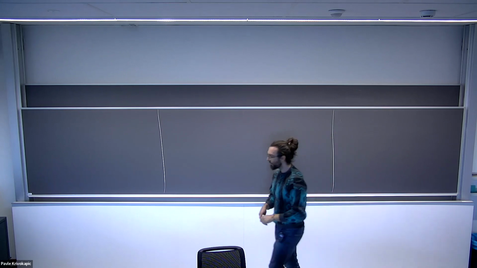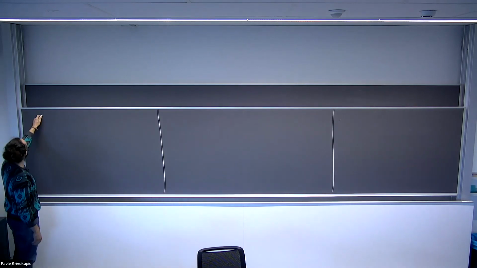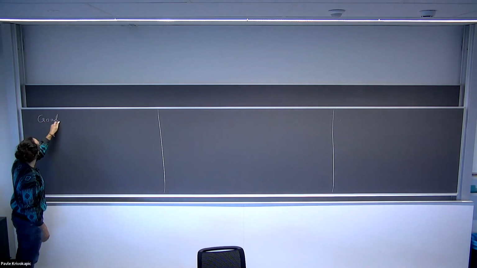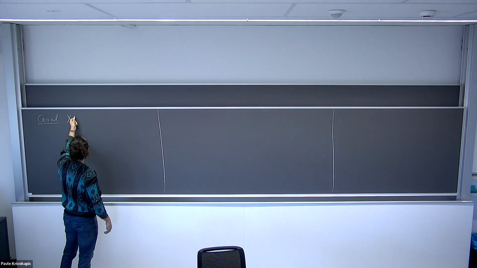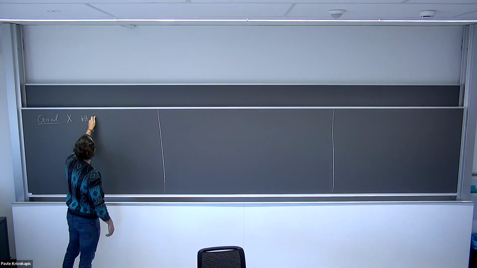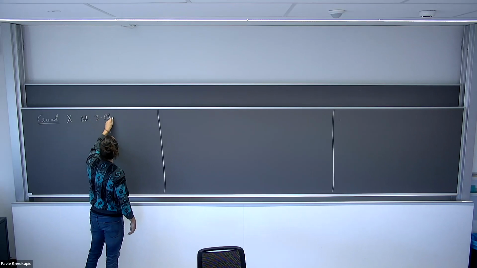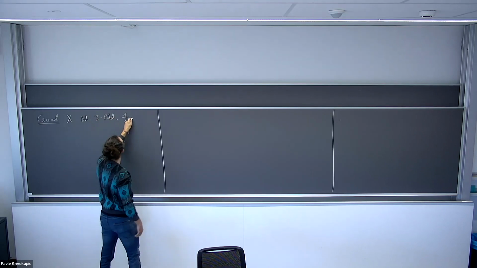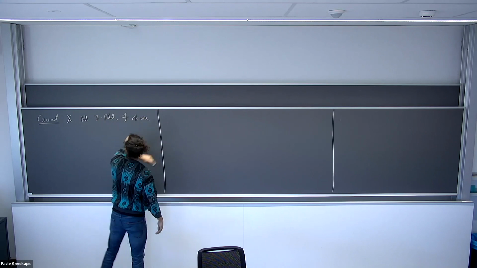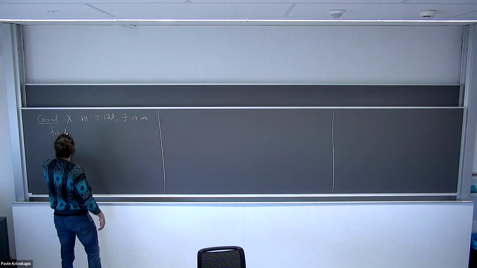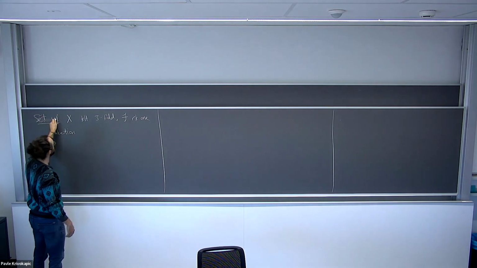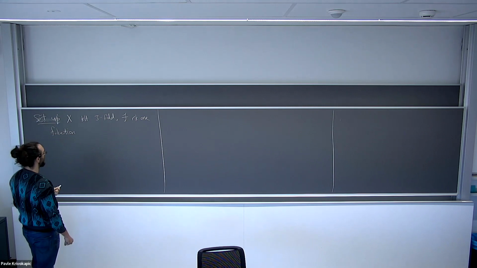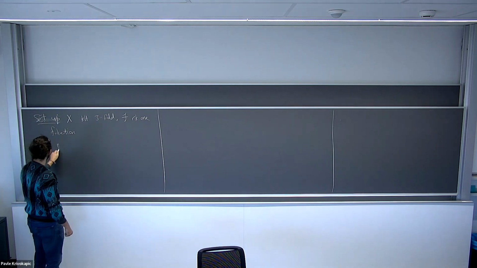Yesterday. And so I guess I'll just recall a bit of our setup. Remember, X is a KLT threefold, F is a rank 1 foliation, and we have a flipping contraction.